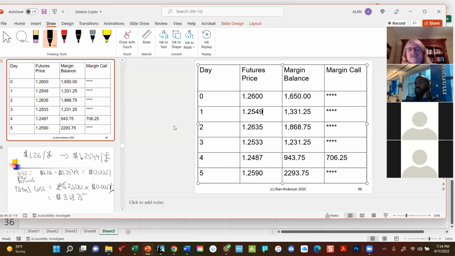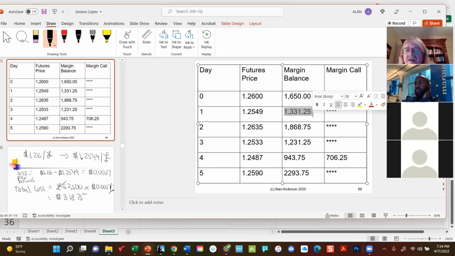Oh, no, the change is multiplied by 62,500 pounds. In other words, I lost 0.0051 dollars per pound, but the contract is written on 62,500 pounds. I just lost $318.75. Now, the balance of my margin went down by that amount, but I didn't get a margin call.